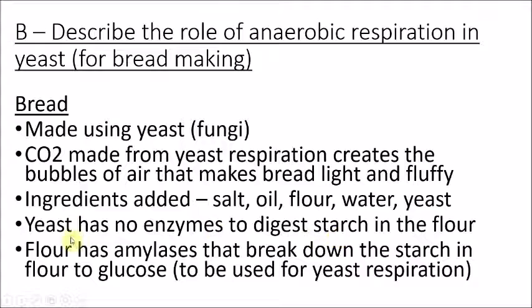Luckily, flour actually has some amylases inside it that will break down the starch in the flour to glucose, so then the yeast can actually use it. So yeah, quite a useful process. You can make bread off the back of it, and it's using anaerobic respiration, which means without oxygen. The CO2 is useful because it creates bubbles.